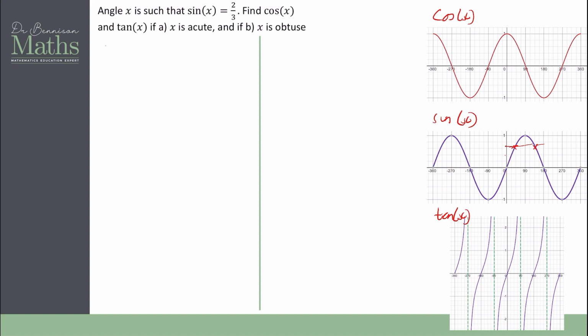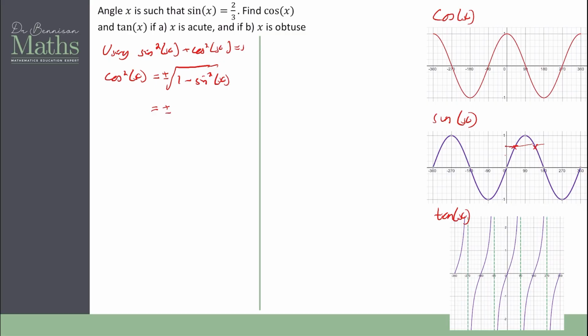So using sine squared x plus cos squared x equals 1, cos x is plus or minus the square root of 1 minus sine squared x.